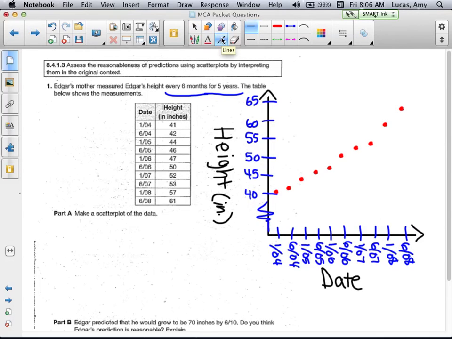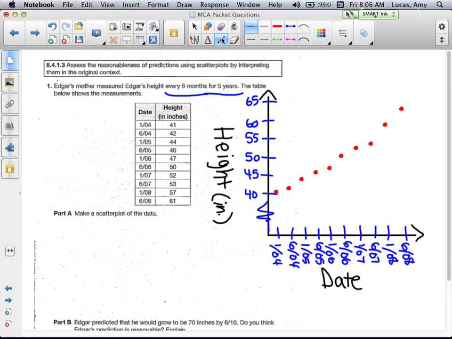We make a scatter plot, and we don't have to do a line of best fit on this one. It just says, for part B, Edgar predicted that he would grow to be 70 inches by June of 2010. Do you think Edgar's prediction is reasonable?